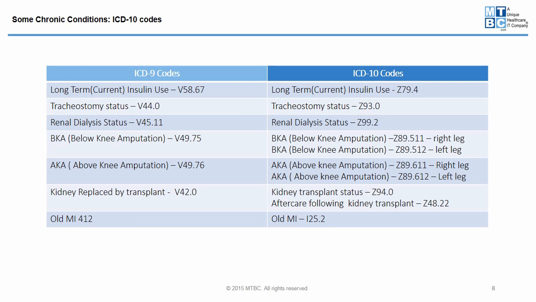Some chronic conditions that should be used for ICD-10, which should have been used for ICD-9, is long-term current use of insulin. The ICD-9 code is currently V58.67, and now you should be using the ICD-10 code effective October, which would be Z79.4.